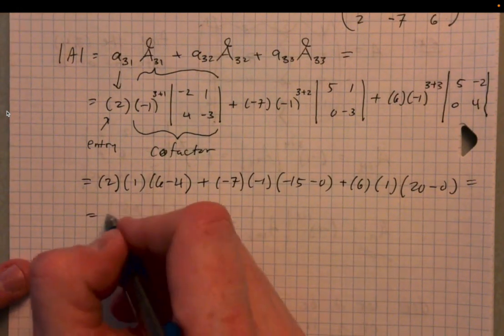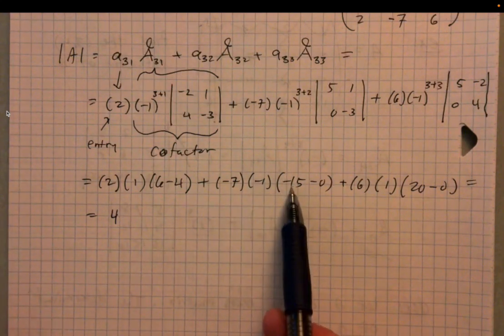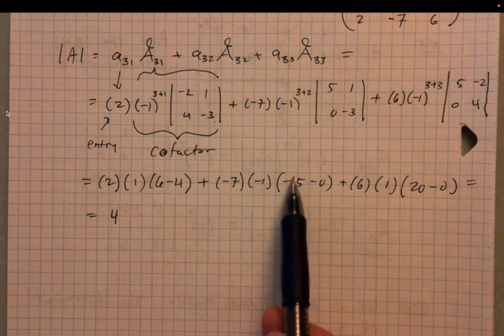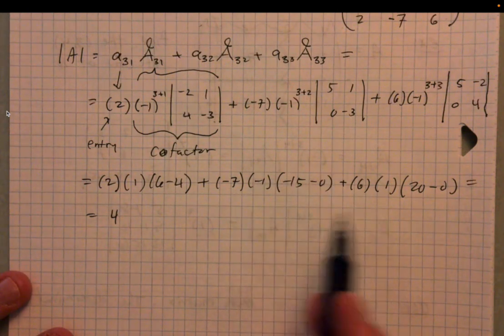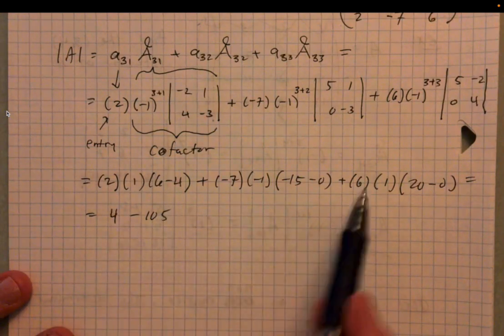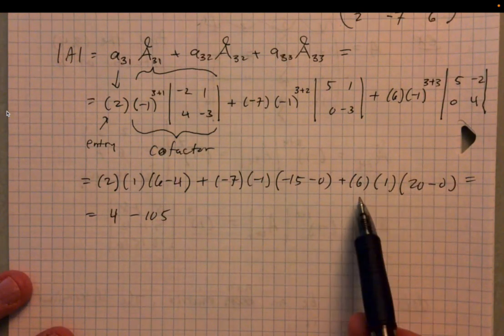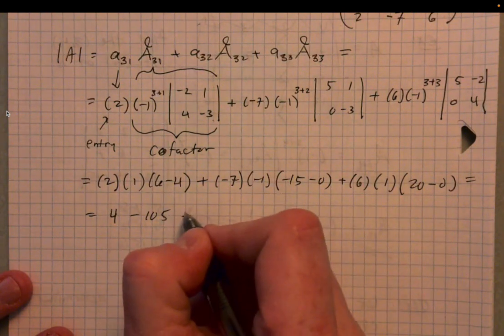And then we can just combine everything here. So this would be a 4, and then here, -7 times 15, that's going to be 105. 7 times 5 is 35, plus 70 is 105, yep. So that'll be a -105. And then this over here, 6 times 20 is 120, so plus 120.